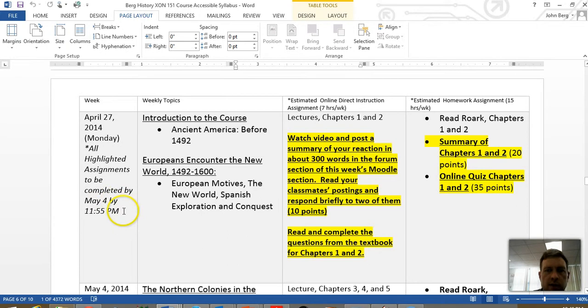For example, these assignments, such as watching a video and posting a summary, is due May 4th by 11:55 p.m. Reading and completing the questions from the textbook also, as well as the summary of chapters 1 and 2, as well as the online quiz. So in week 1, there are 4 graded assignments, all due by May 4th by 11:55 p.m. There are also online lectures.